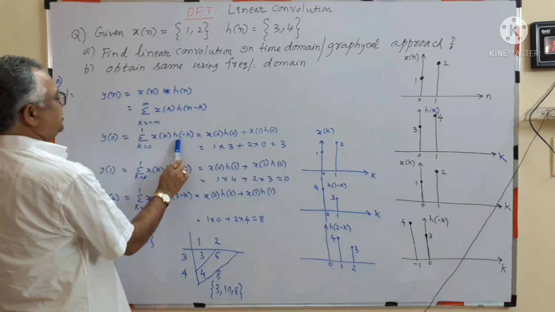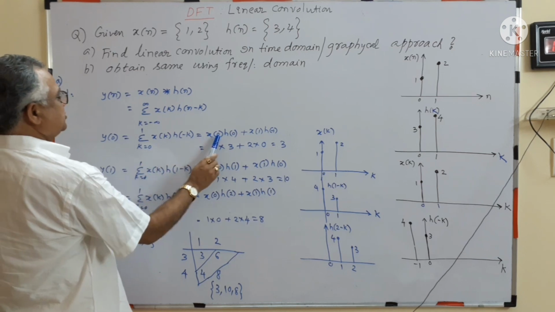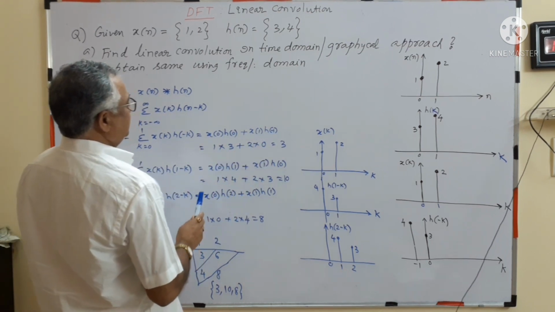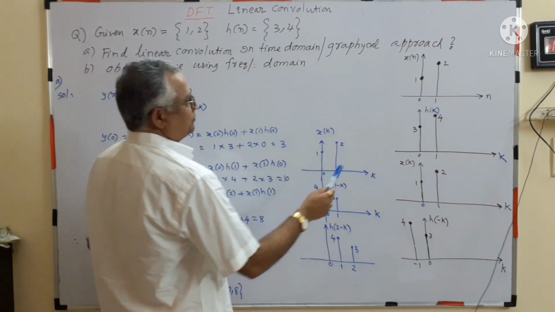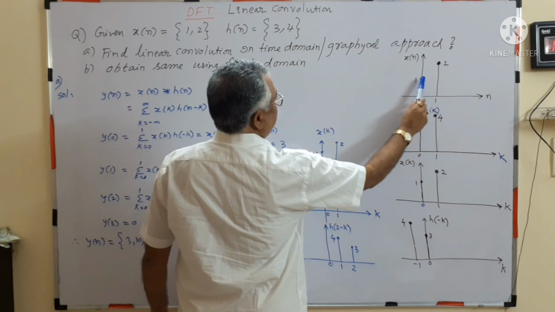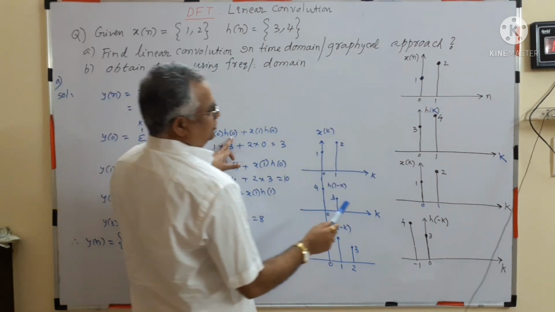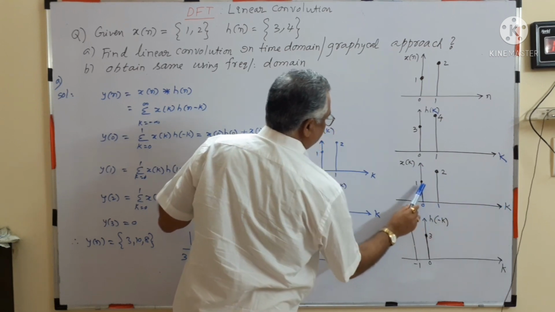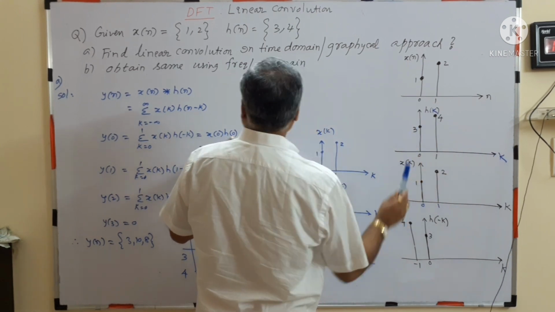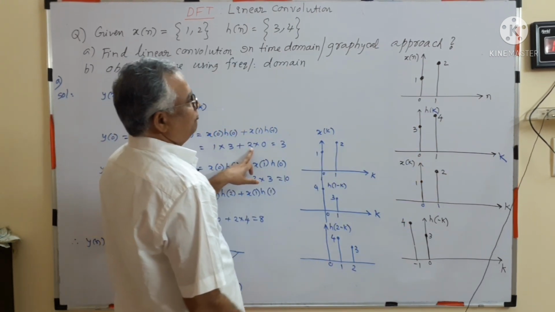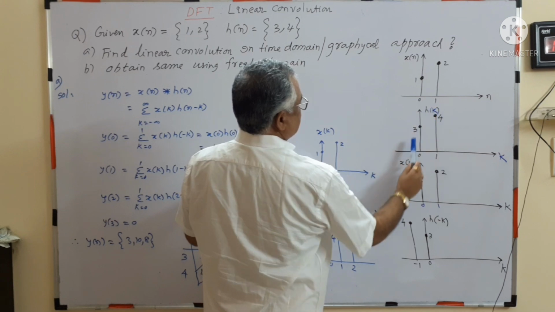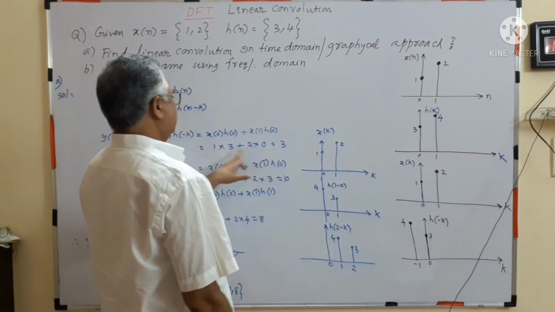Expand: x of 0, h of 0 plus x of 1, h of minus 1. x of 0 is 1, h of 0 is 3, plus x of 1, which is 2, times h of minus 1, which has no value, 0. So this answer is 3.